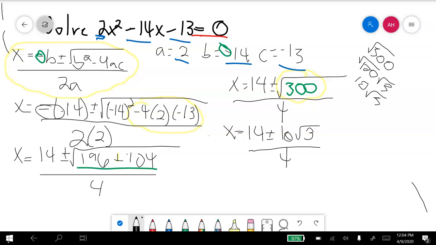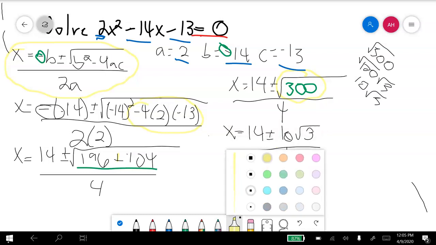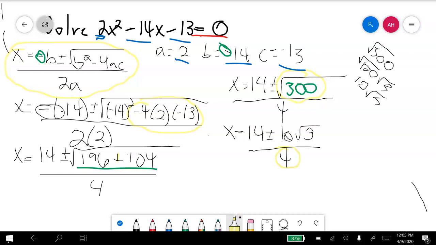Alright, then the last thing you need to do is simplify it. If both the numbers on the outside of the radical on the top are divisible by the bottom number, or they'll all reduce by the same number.